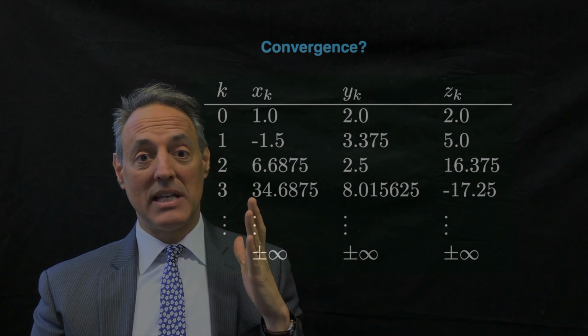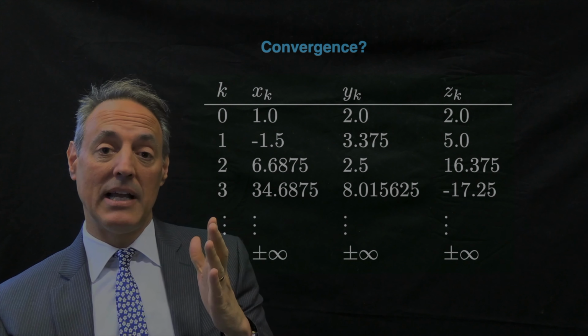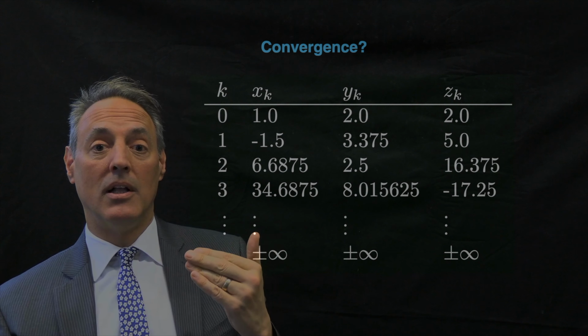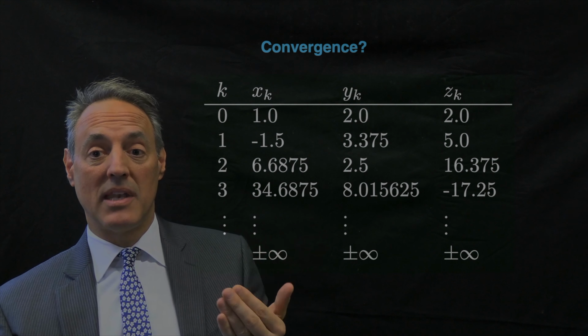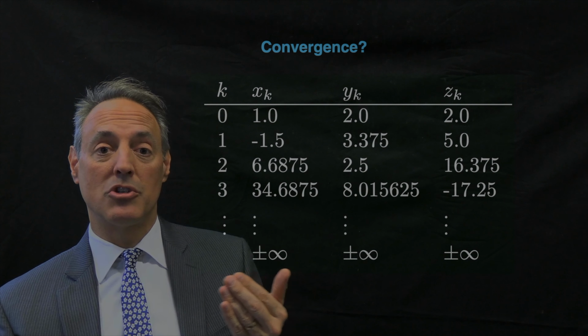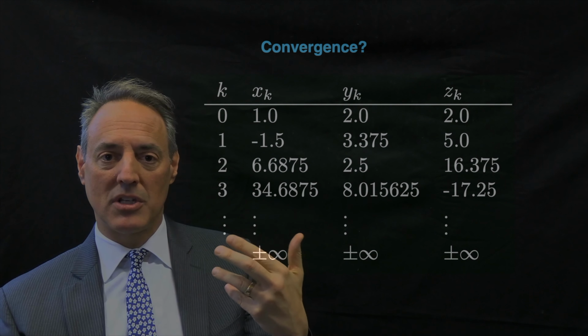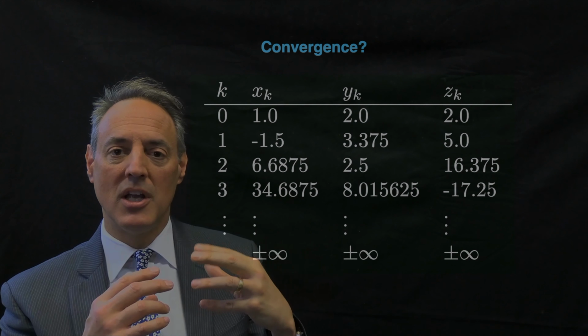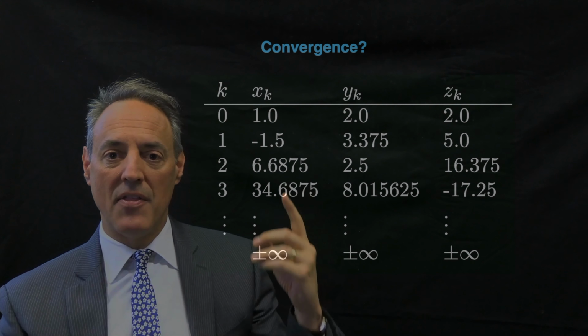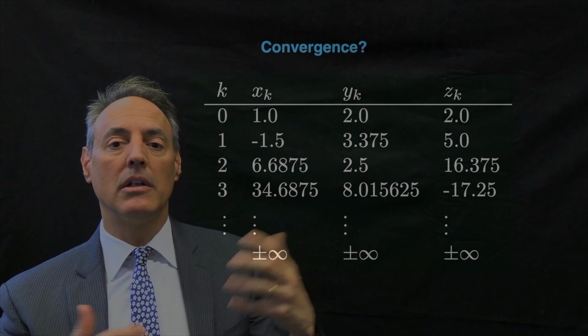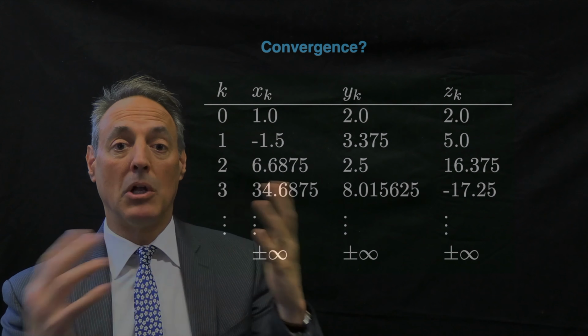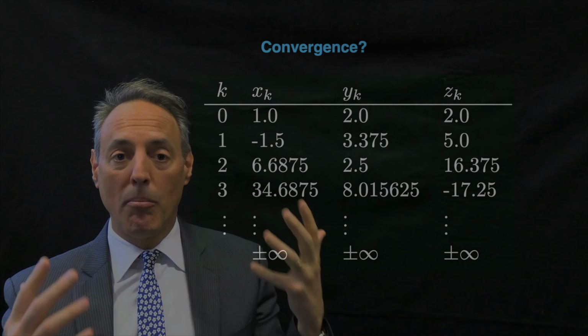I now start to iterate much like I did previously, but before it converged to the solution, and now what's happening is my solutions are going to infinity. And remember when I showed you iteration schemes can converge, but they can also diverge, and this iteration scheme here clearly is diverging. So this thing just blows up, which means it's a horrible method, right?